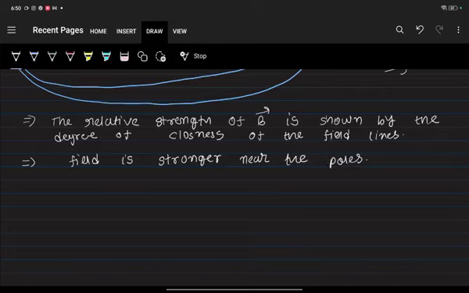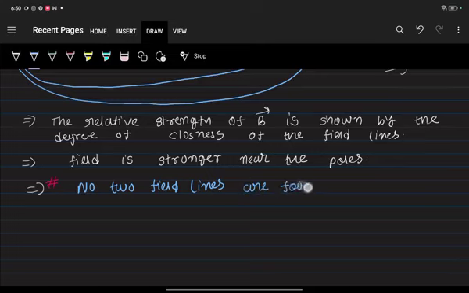Okay, now this is the most important point. No two field lines are found to cross each other.